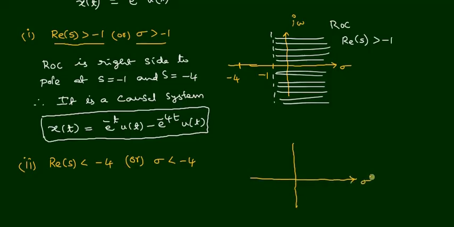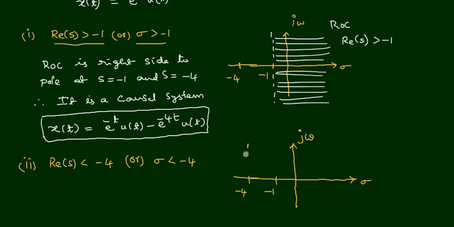So this is the real axis and the imaginary axis, j omega. Now we mark the two poles as per the given transfer function. One is at minus 1 and the second one is at minus 4. Now it is less than minus 4, so that gives the region of convergence.